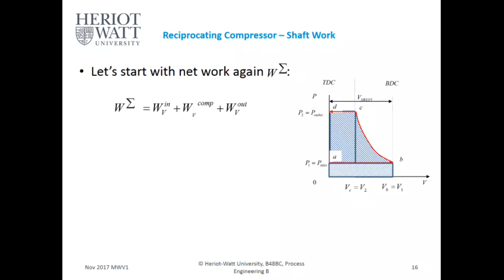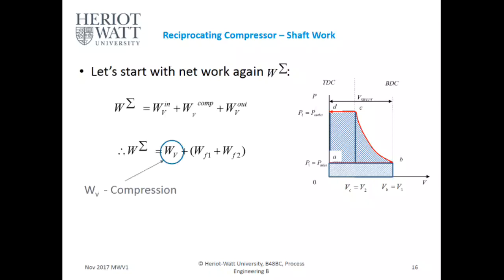We know that the total work equals the volume work in, plus the volume work of compression, plus the volume work of the output. Hence, V work plus the fluid work 1 plus fluid work 2 is the total work of the system.